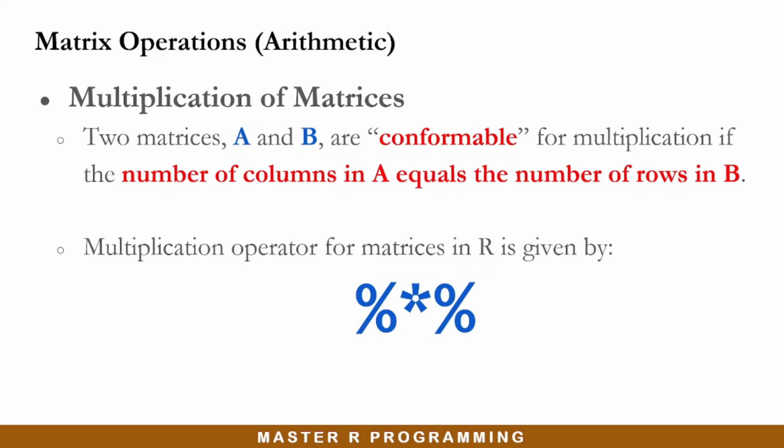The multiplication operator for matrices in R is given by percentage asterisk percentage. If you use the arithmetic operator asterisk only, it only performs the element by element operation like we saw with addition and subtraction. So if you are dealing with multiplication of matrices, you would have to use these operators for the matrix operation. Let's go to R and have a go at these matrix operations.